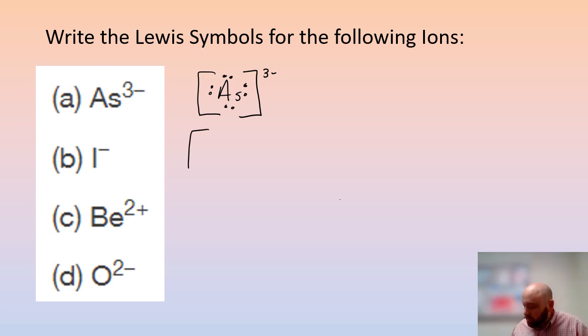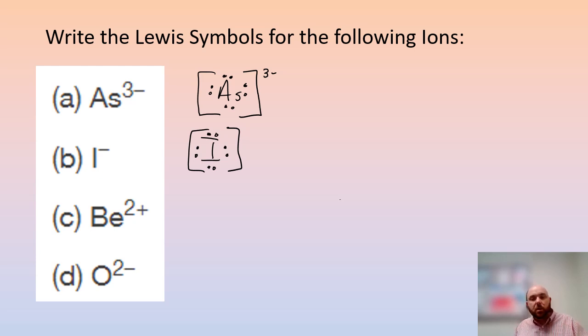In much similar fashion, iodine gains 1 electron in order to form its ion. And so when we draw iodine's anion Lewis symbol, we show the symbol for iodine, I, in a set of square brackets.